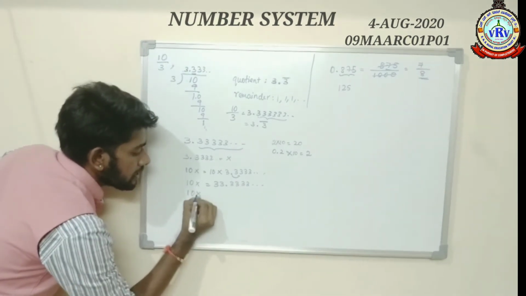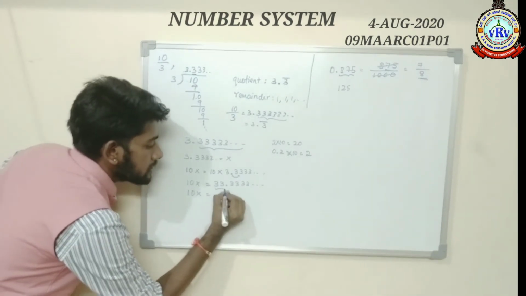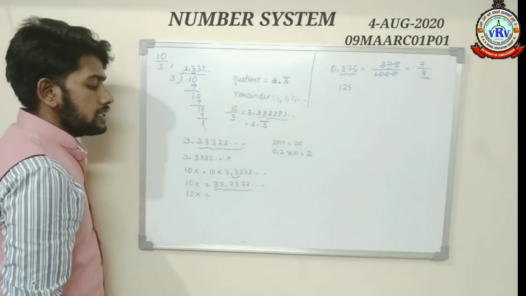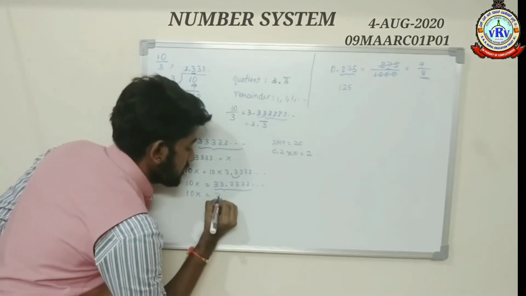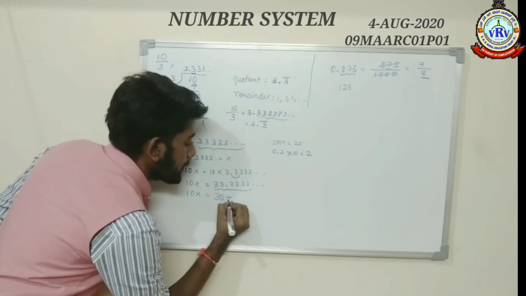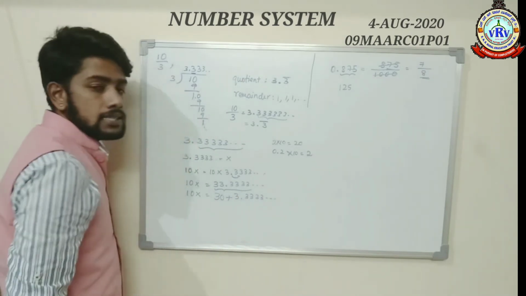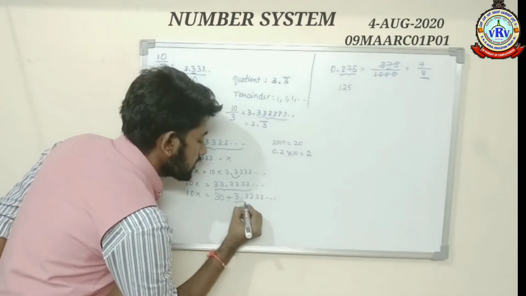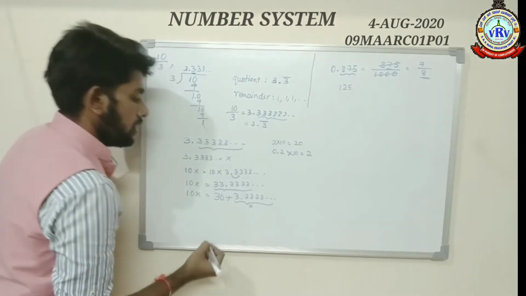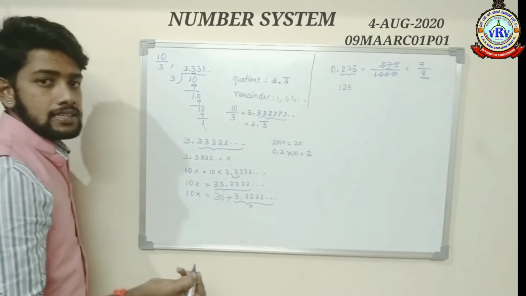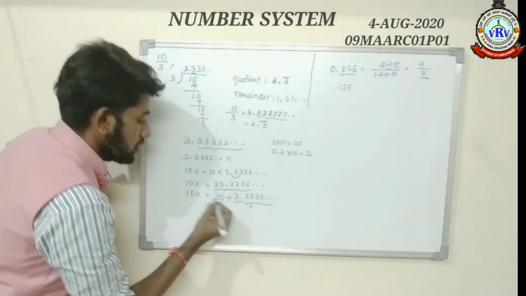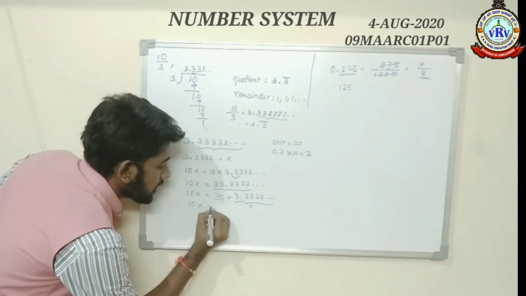And I can write 10x as, if I split 33.3333 as 30 plus 3.333333, then you will get on the right hand side also x, since 3.333333 is nothing but x. I can replace that value as x.